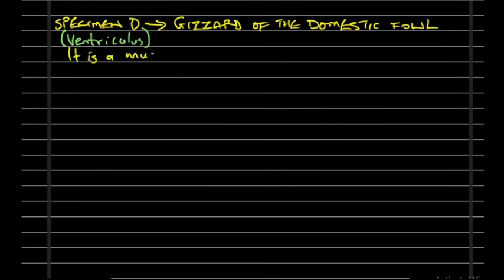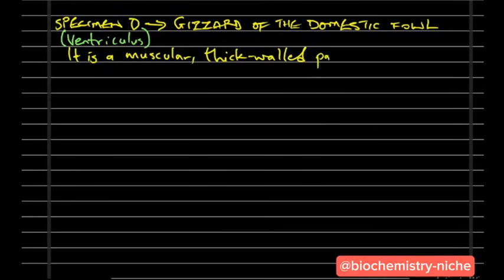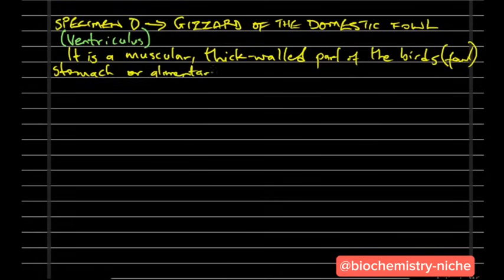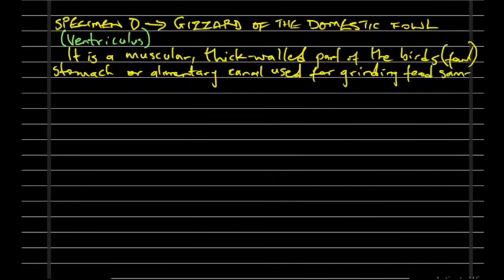It is a muscular, thick-walled part, because it has a very thick membrane, of the bird's stomach or alimentary canal, which is used for grinding food samples, particularly when the birds have taken in some grains, which is their major food.